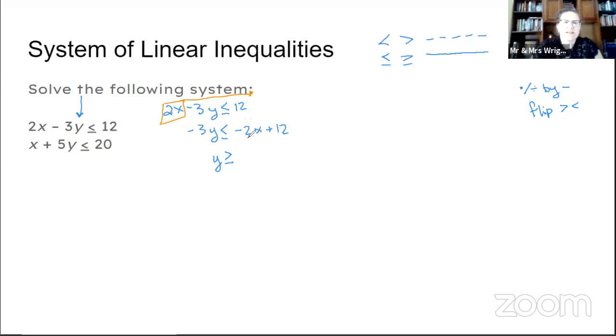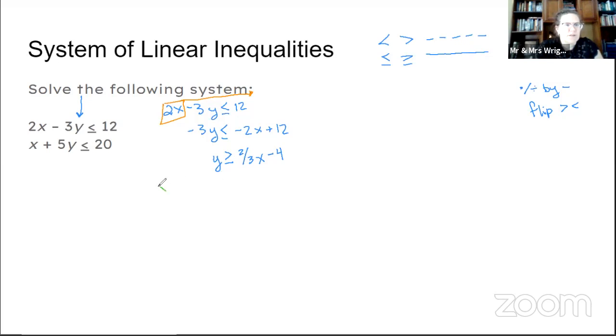Now, when we divide negative 2 by negative 3, two negatives become a positive, and I can't really do 2 divided by 3, so it's just going to stay a fraction, 2/3. And then I've got a positive 12 divided by a negative 3, which becomes a negative 4. So that is my first equation.